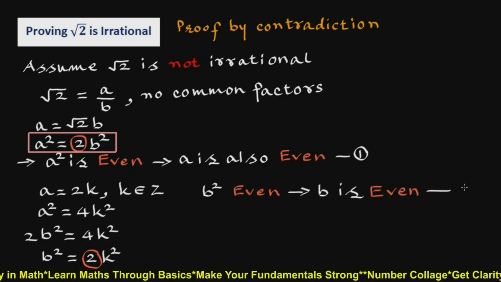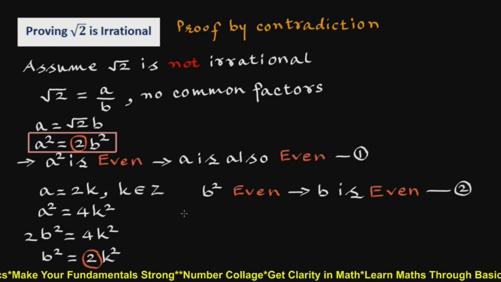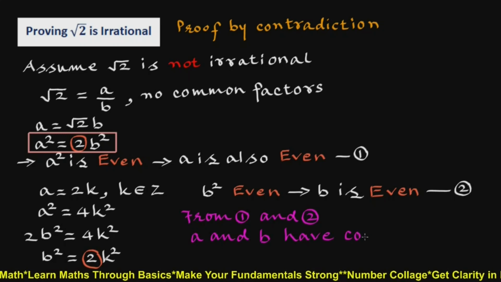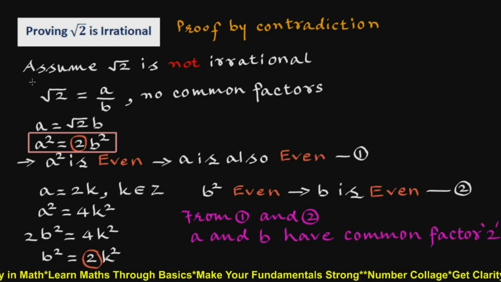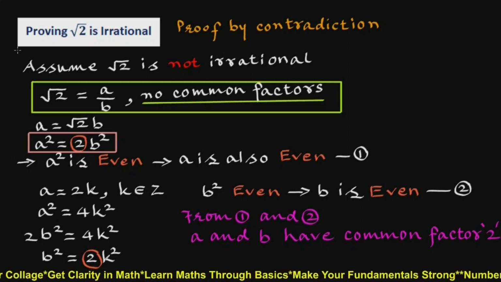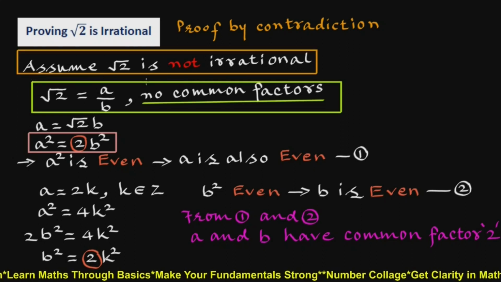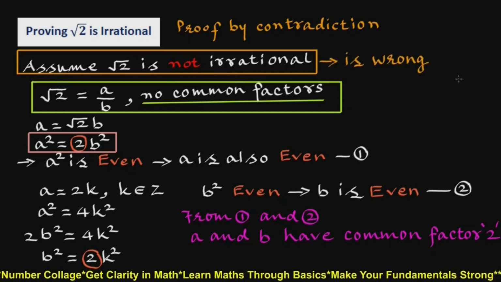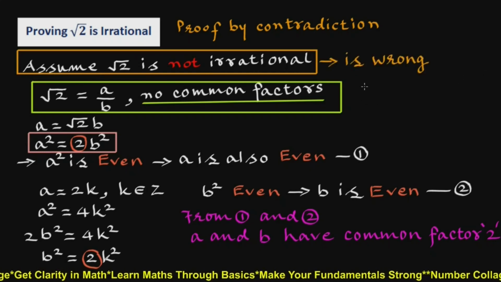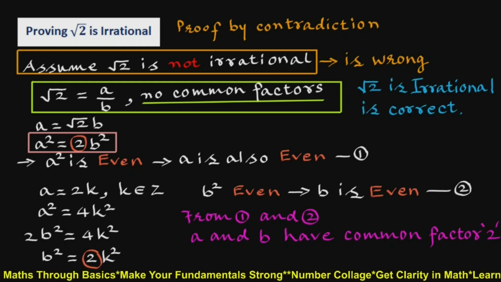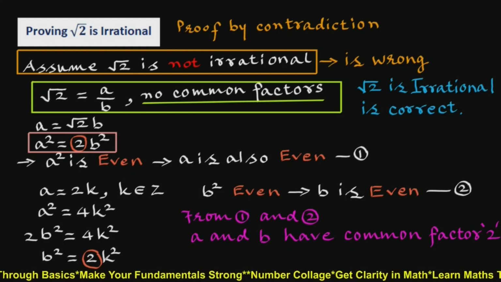We name this 2. From 1 and 2, both a and b have common factor 2. But this contradicts the fact that a upon b has no common factor. This means our assumption that root 2 is not irrational is wrong. Hence, the opposite, that is, root 2 is irrational, is correct. Hence, root 2 is irrational.